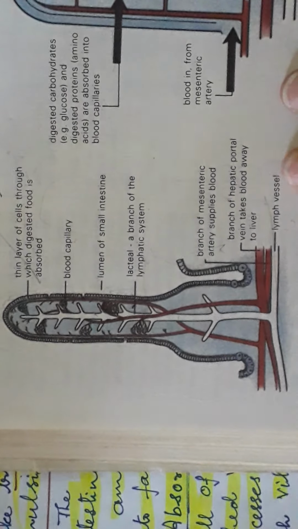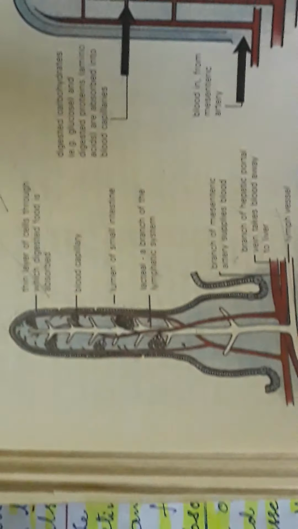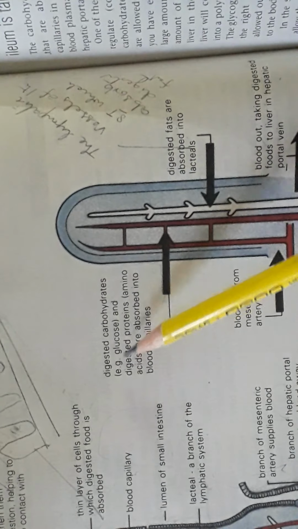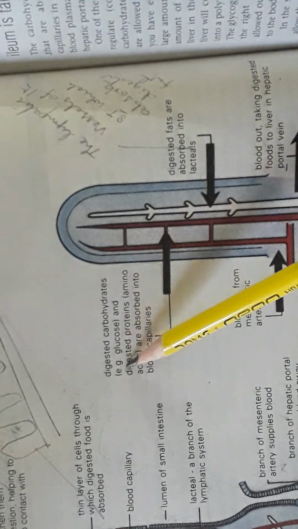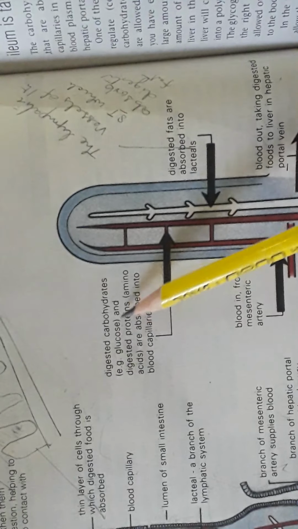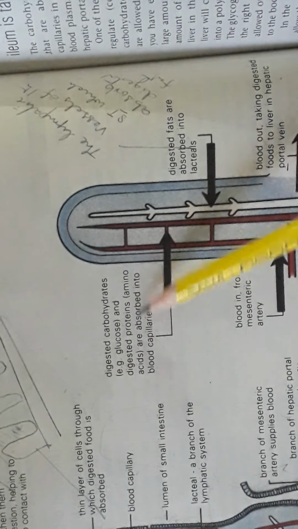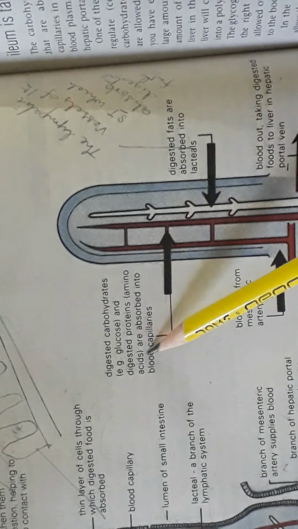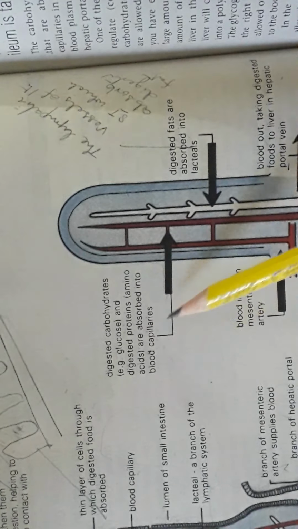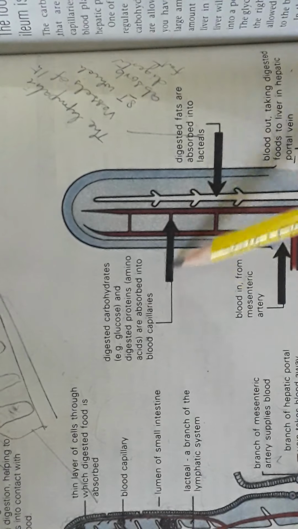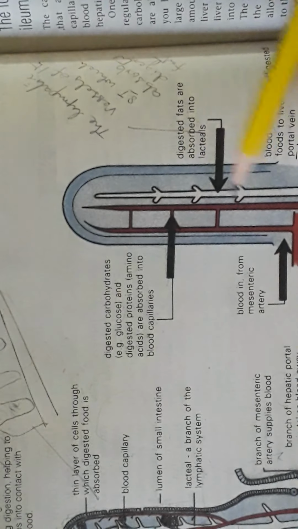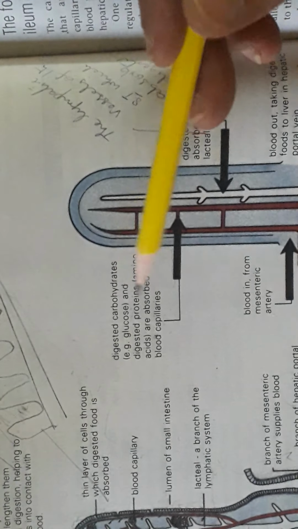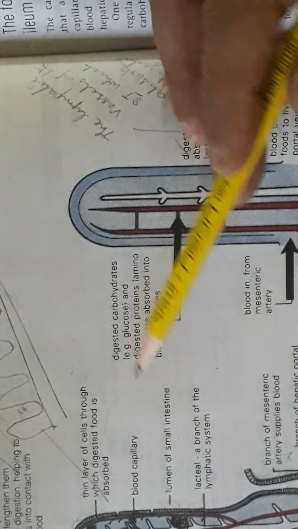Here is the same diagram, just a graphical representation. See here: digested carbohydrates, for example glucose, and digested proteins, meaning amino acids, are absorbed into the blood capillaries. It is clearly shown; this diagram you usually won't get. So blood capillaries are absorbing from the lumen.